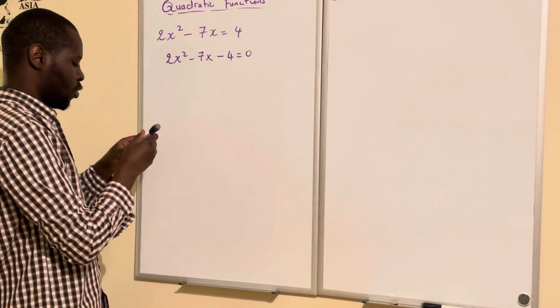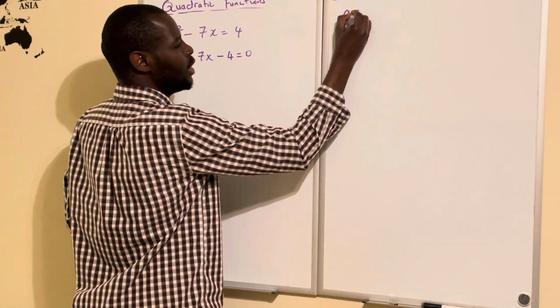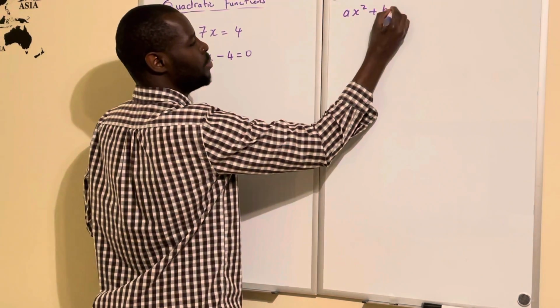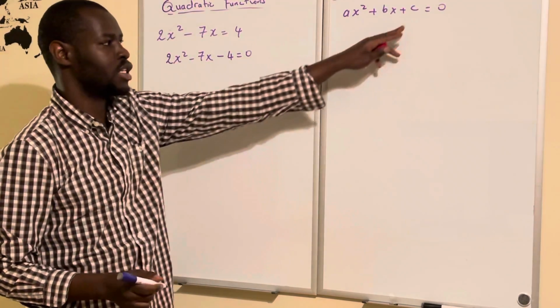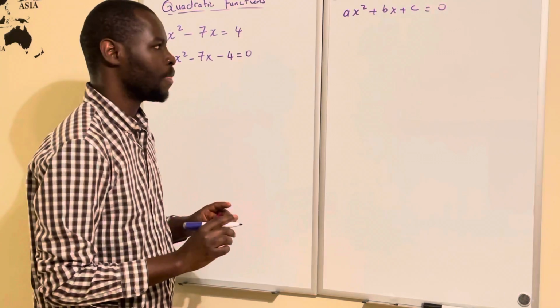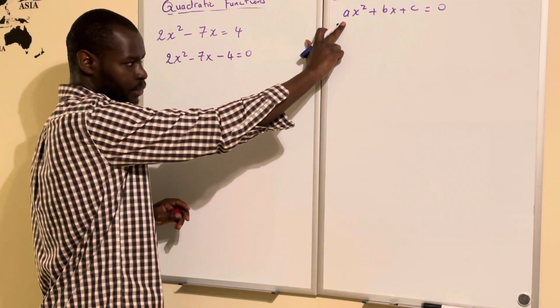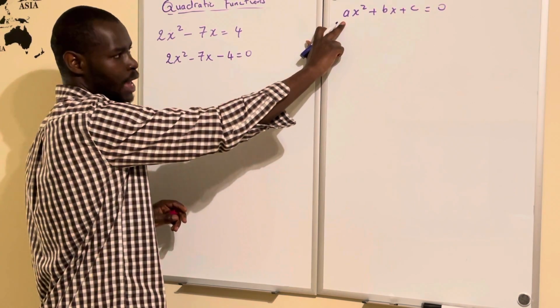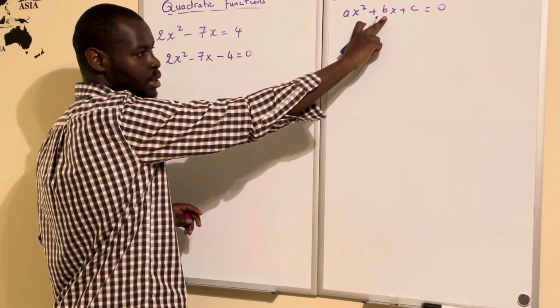Now, I just said that the form is ax squared plus bx plus c equals 0, where c is the constant. So basically, it's the term that has no x in it, right? So we know that the x squared has a constant that is a, and the x term has a constant b.